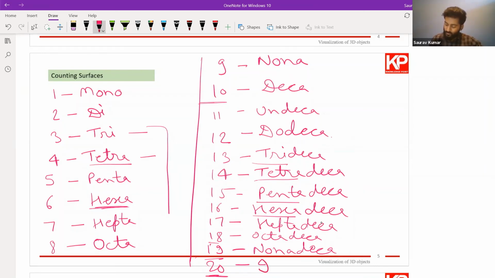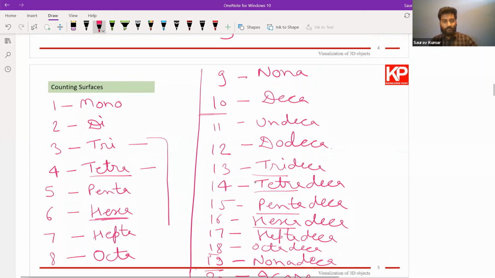There is a new word: icosa. Clear? So if you see any 3D object having 20 faces, like see the cube was only having 6 faces, if something is having 20 faces, that would be an icosahedron.